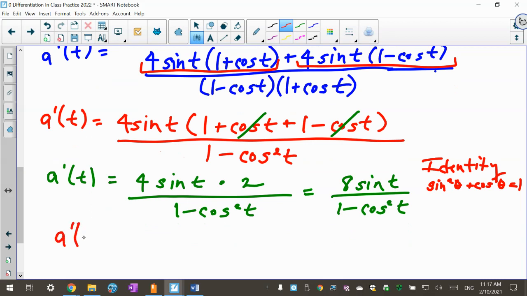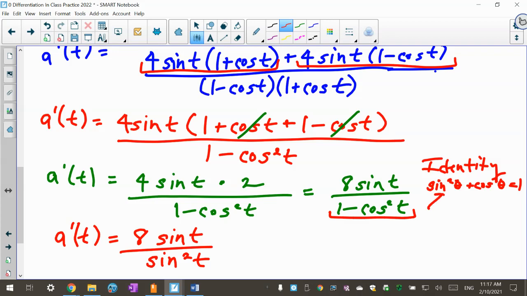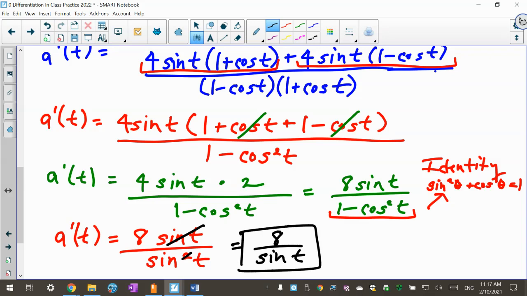So I have a prime of t equals 8 sine t all over sine squared t, because that's what 1 minus cosine squared is using this identity. And then I go, oh, yay, I can cancel that out and this out. So I end up with 8 over sine t, which is a beautiful way to write that.